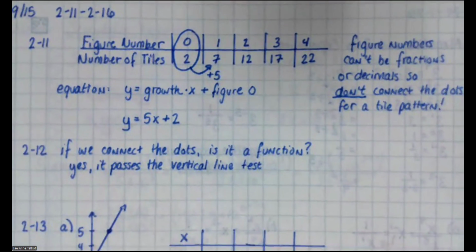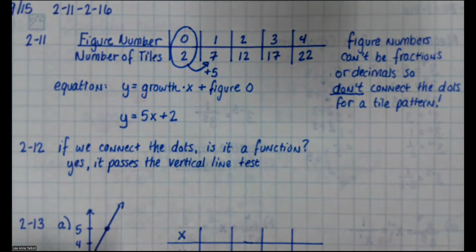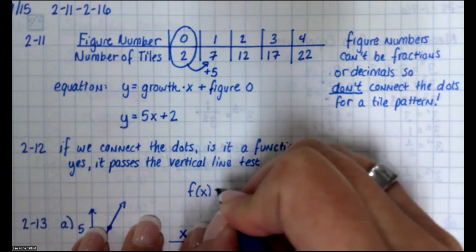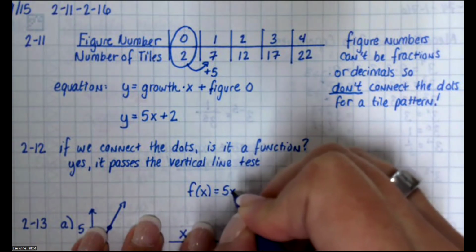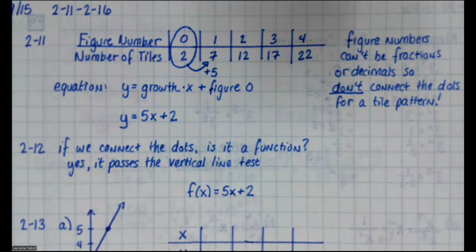And why do we care? Why is that even a thing? We already figured out the equation. We already graphed the dots. We figured out the growth. But the reason that it matters is because now we can write it like this in function notation.